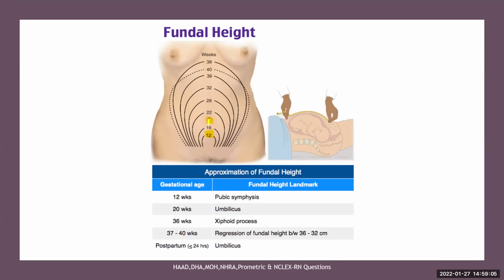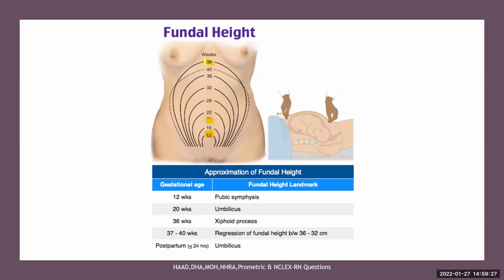At the 16th week of gestation, just below the umbilicus and just above the symphysis pubis. At the 22nd week of gestation, above the umbilicus. At the 26th to 28th week of gestation, below the xiphoid process.